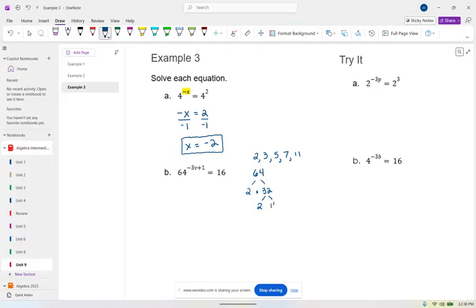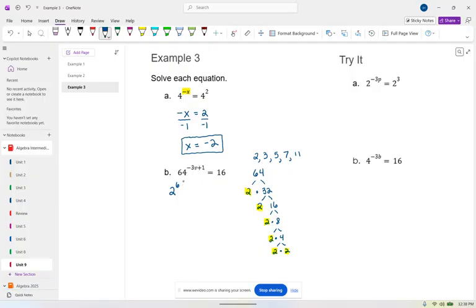So 2 times 16, 2 times 8, 2 times 4, and then 2 times 2. So now we have all 2's. And how many do we have? We have 1, 2, 3, 4, 5 2's, and a 6th one right up here. So we have 6 2's: 1, 2, 3, 4, 5, 6. So we can write this as 2 raised to the 6th. So 64 is the same as 2 raised to the 6th.